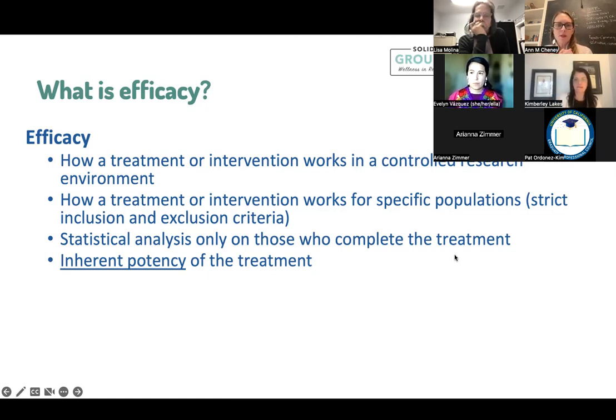How do a treatment or intervention work for specific populations? So when we design a study like this, we have very strict inclusion-exclusion criteria. What are our statistical analyses? So thinking about the analyses only on those who complete the treatment. And is there an inherent potency of the treatment?